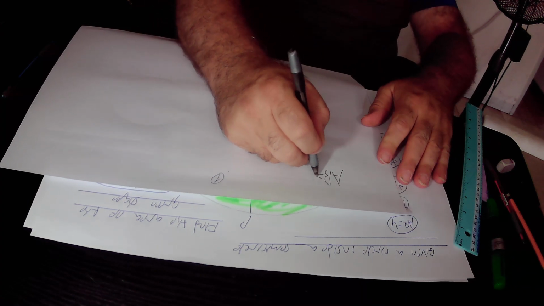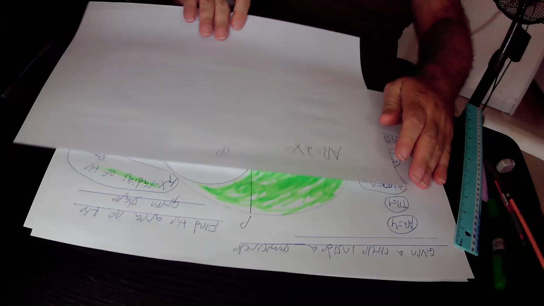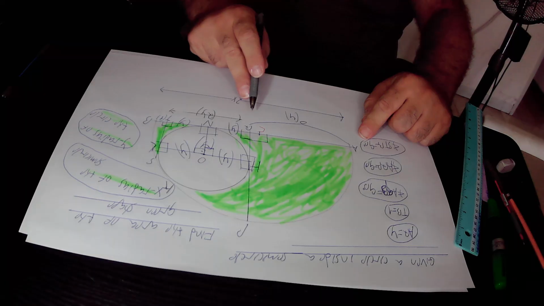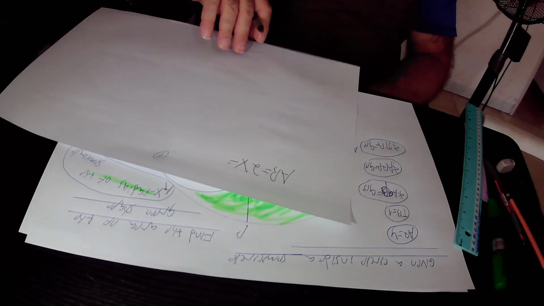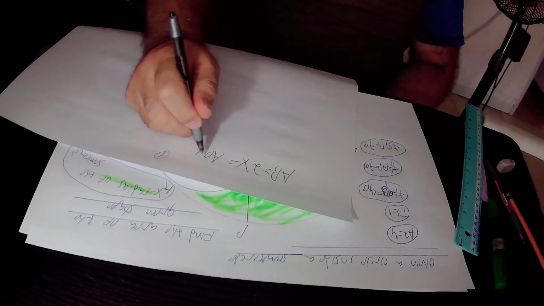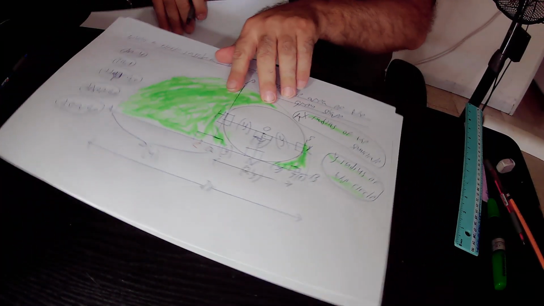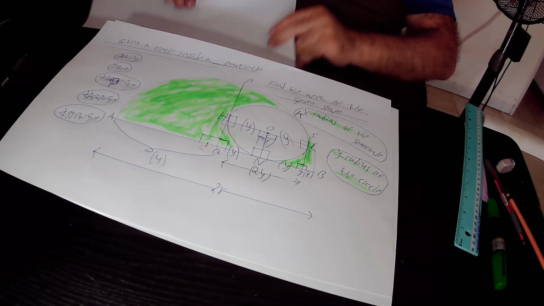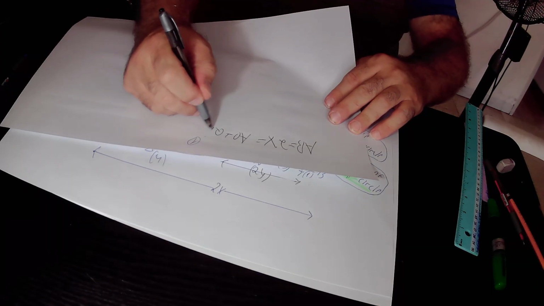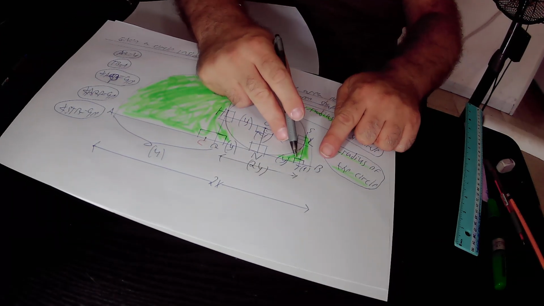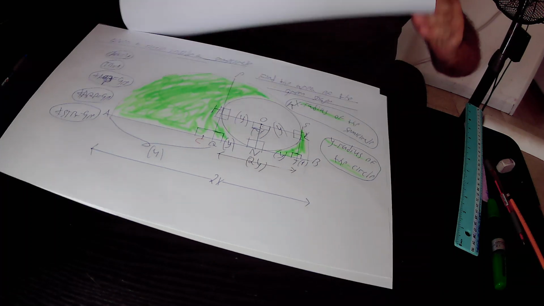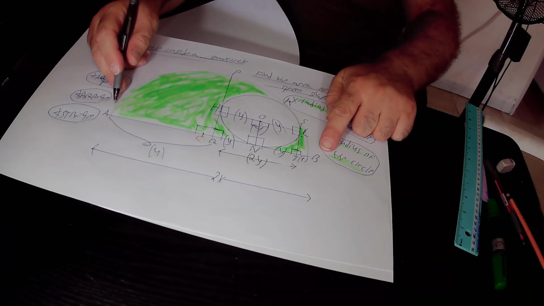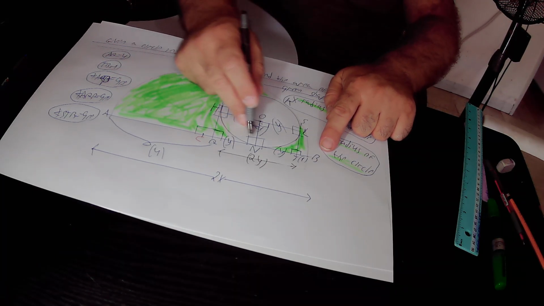AB equals 2x, and AB equals AQ plus QT plus TB. Repeat again: AB in total equals AQ plus QT plus TB.